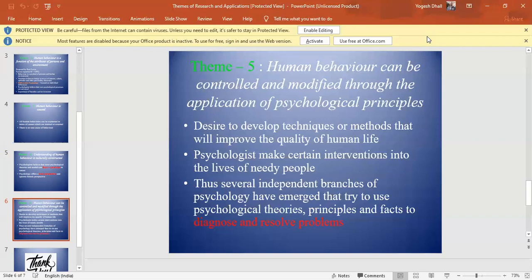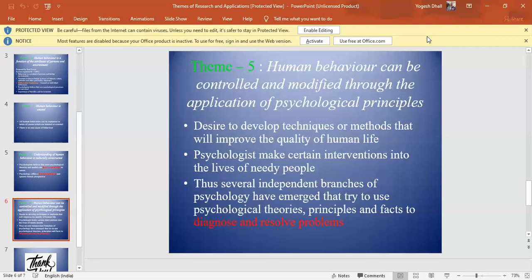Interventions means action taken to improve a certain disorder. This is the role of psychologists. Basically, with the help of counseling or meditation, they try to remove daily life problems, or with some therapies, they try to improve the lifestyle of people.